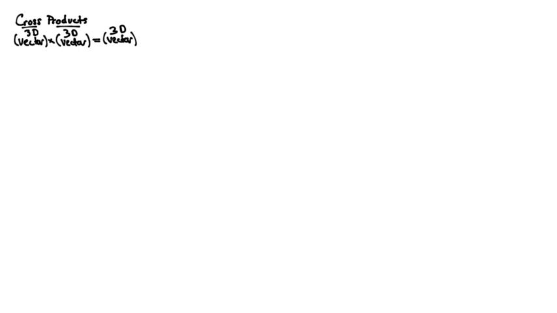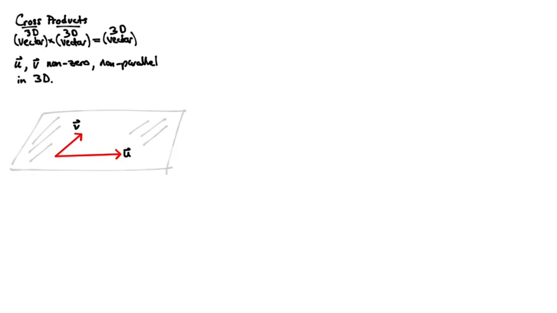So to define it geometrically, I'm going to take u and v to be non-zero and non-parallel vectors in 3D. We'll discuss what happens if they're zero or parallel at the end. The reason why I want them to be non-zero vectors is I want them to have some length, and the reason why I want them to be non-parallel to each other is that I want those two vectors, u and v, to form some sort of plane in space.